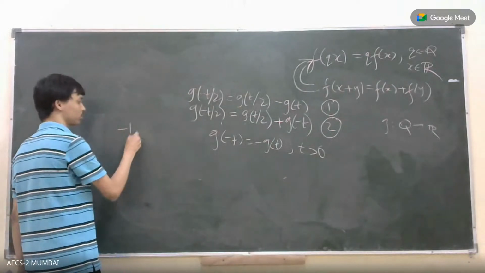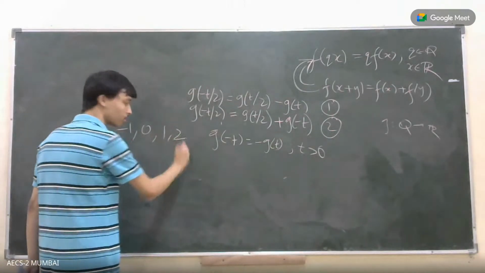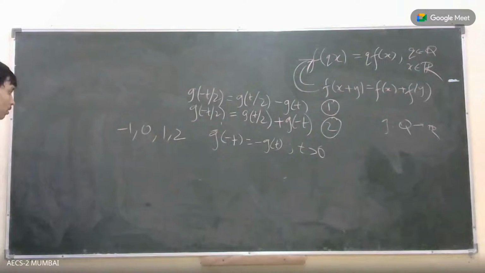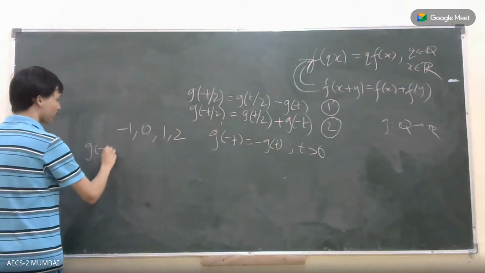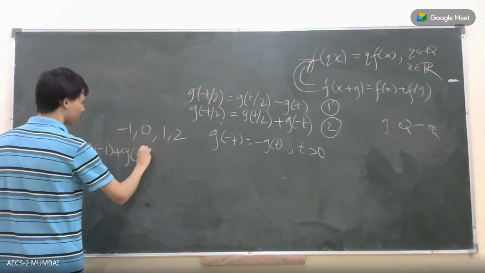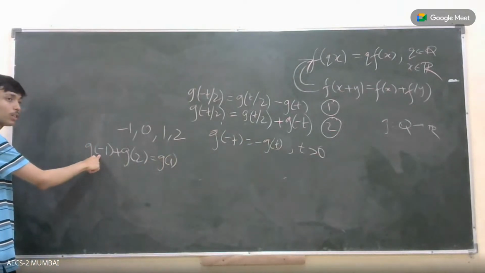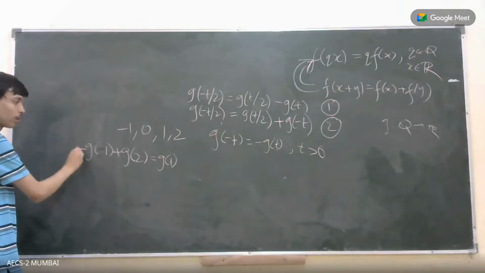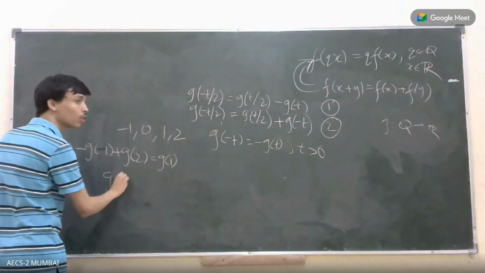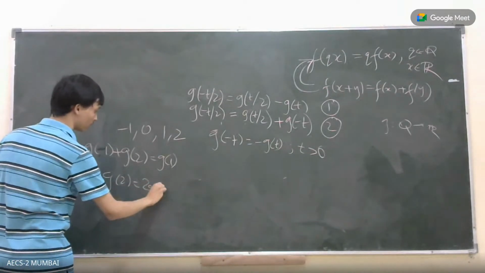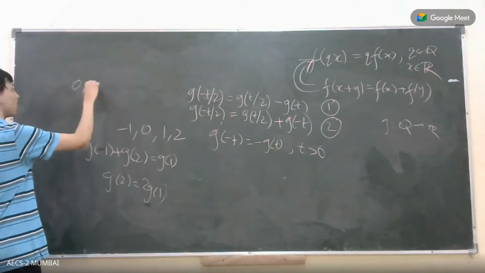Okay, so this is an AP. g of minus 1 plus g of 2 is g of 0, which is 0, is g of 1. What is g of minus 1? Minus g of 1. So what is g of 2? 2 g1. Then you take the AP 0, 1, 2, 3.